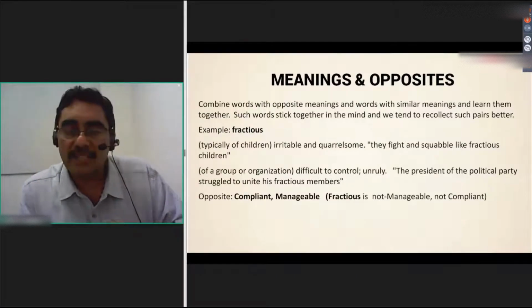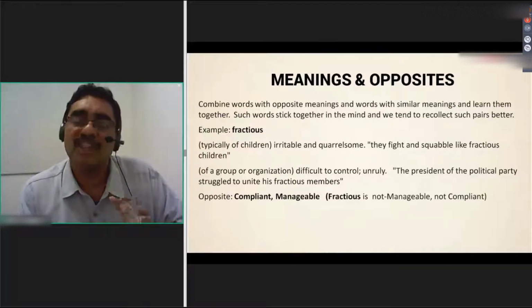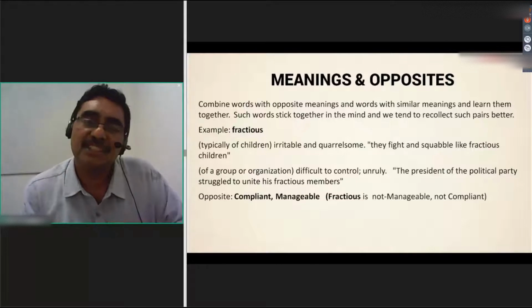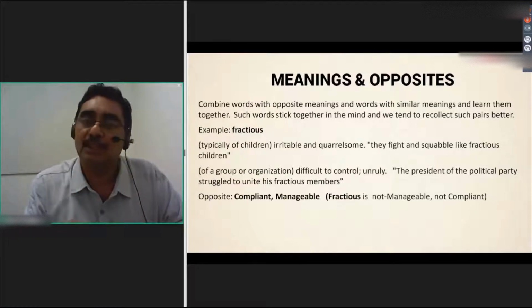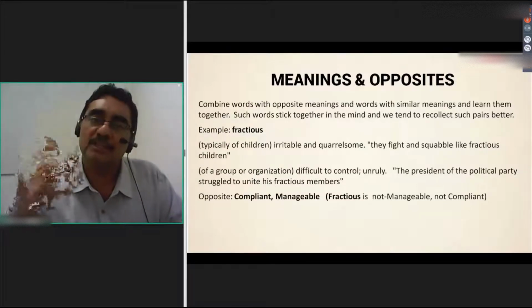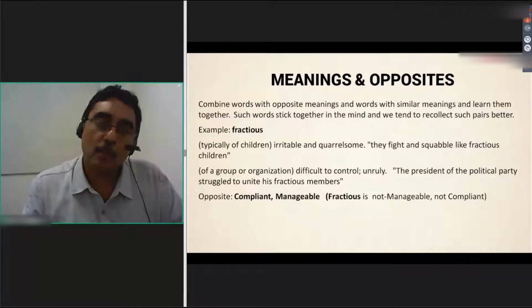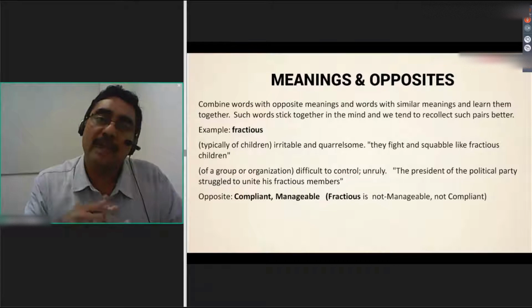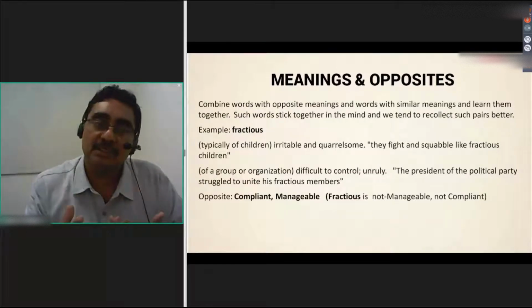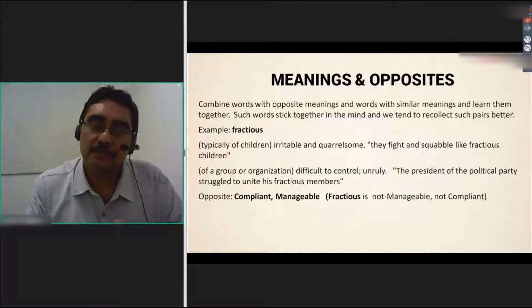It's advisable not to make it too complicated when you're reading the word for the first time. When you learn a word for the first time, just stick to the word meaning and its usage. Read a few usages so that you understand the context in which it is used. But subsequently, when you revise, start learning the word along with its antonyms and synonyms, so you start seeing the nuances, the difference in the words.